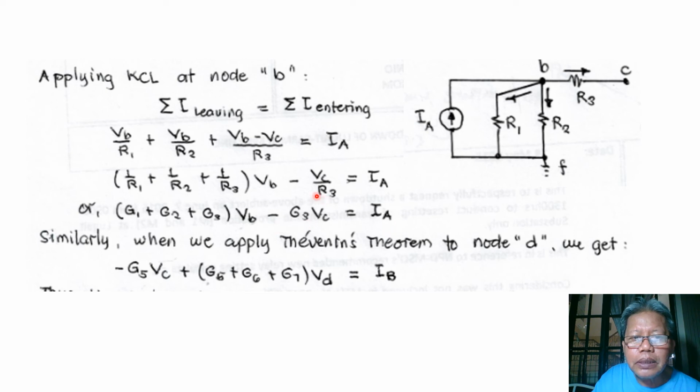So you notice that we obtain the same equation after we have converted the voltage source in series with the resistance R1 into Norton's equivalent circuit, consisting of a current source towards the node we're considering, in parallel with the resistance R1.